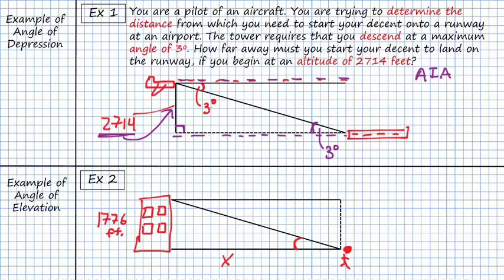So let's determine which sides I need to use. Well, from my angle here, it looks like I've got my opposite side and the line that I'm looking for here is my adjacent.